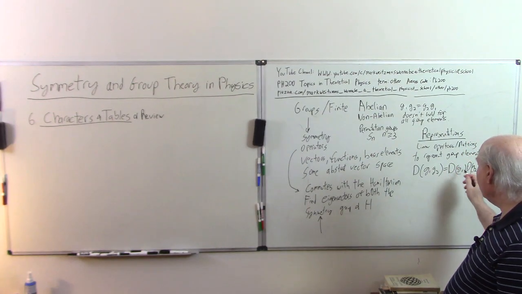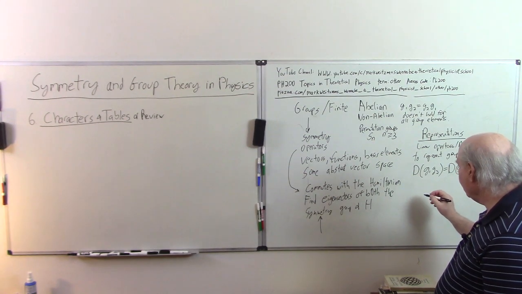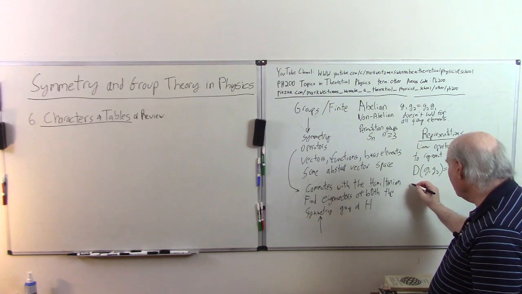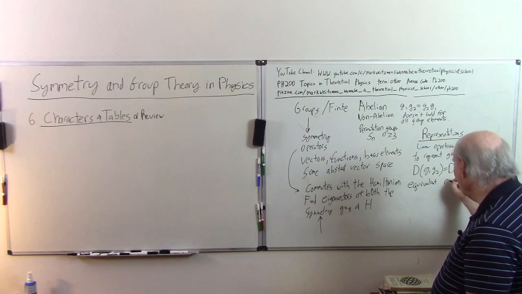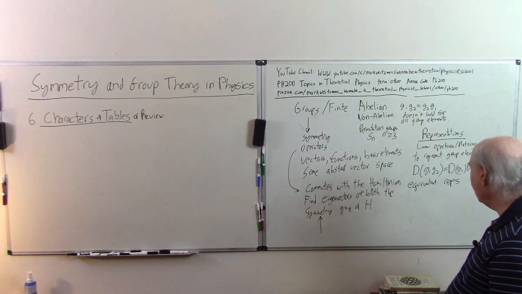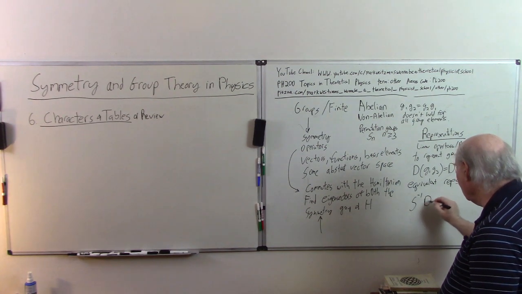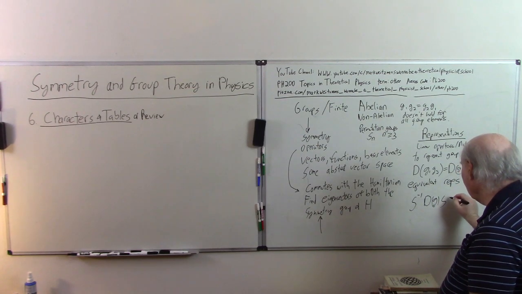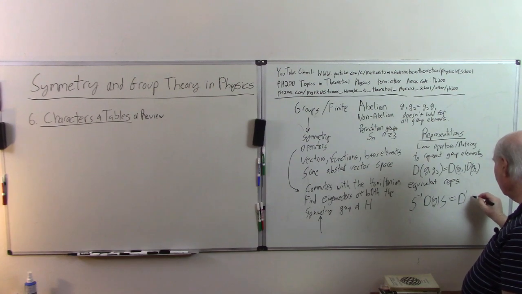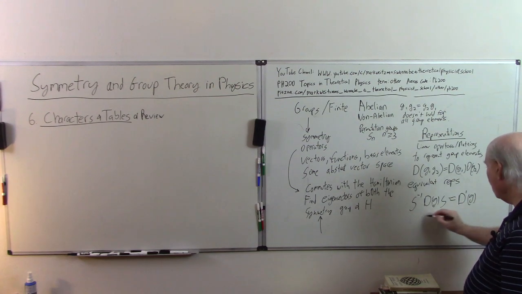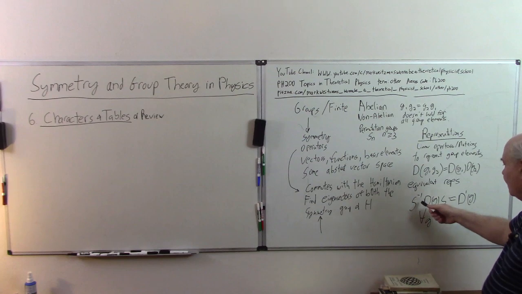So we have these representations, and what we're going to find is that there are several kinds of representations. First of all, there's equivalent. I'll abbreviate representations by reps. So if we can find a non-singular matrix S such that S inverse D(G) S is equal to, let's say, D'(G) for all group elements, these are like equivalent matrices.